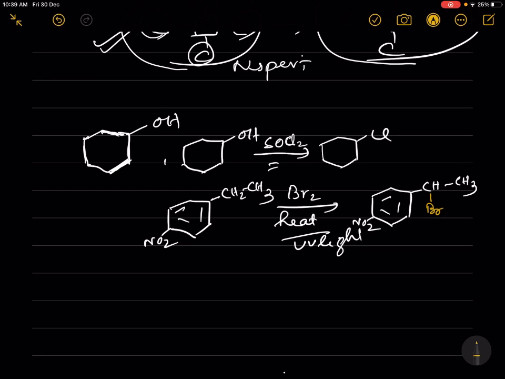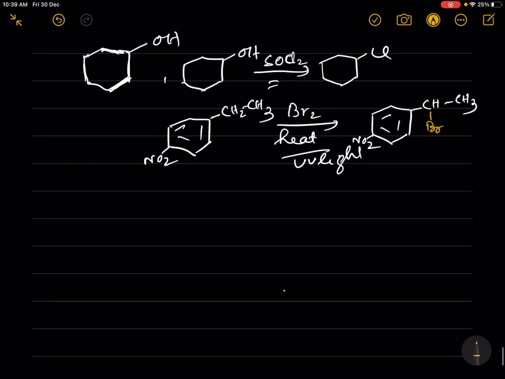then next, this is an alcohol. Here OH is attached to the side chain, here OH is attached to the benzene ring directly.